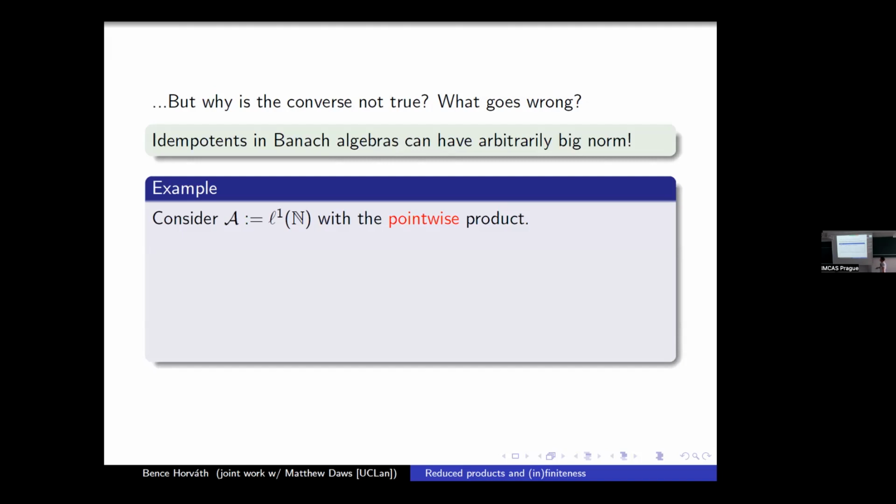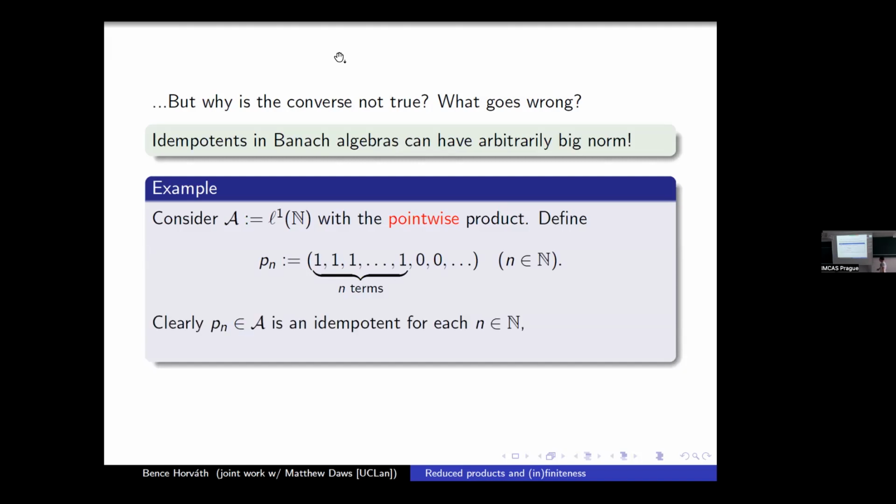So with the pointwise product, this is a perfectly fine Banach algebra, and if you define Pn to be just this sequence, with n ones and the rest 0, then under the pointwise product this is an idempotent, but it actually has norm n. So if you try to form a sequence out of these Pns, it will not be bounded, so it will not be an element of this Banach algebra.